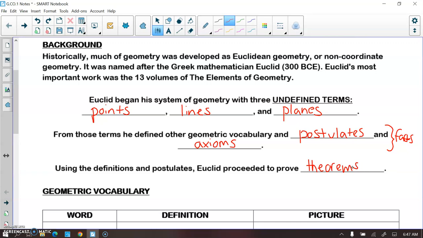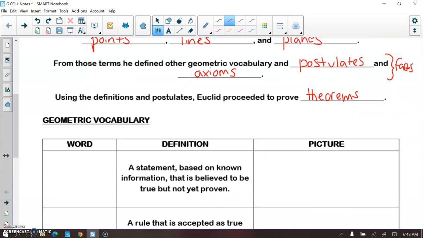Now there's many proofs of the Pythagorean theorem. However, theorems are things that need to be proved. And what that means is that they weren't accepted to be true, that mathematicians actually had to go through the process of proving that they were correct on their theorem that they created. And we'll be proving theorems this year as well.